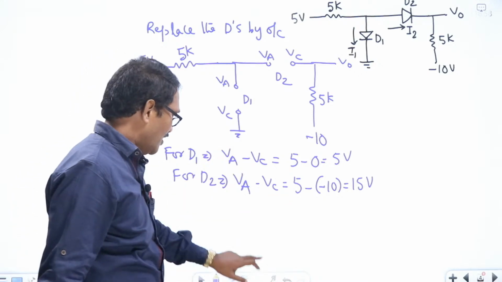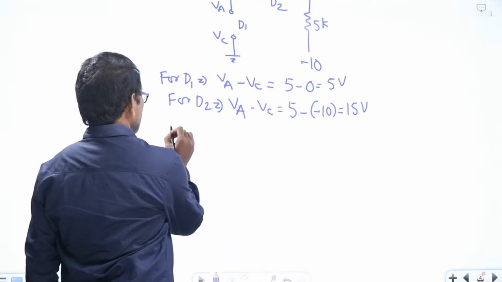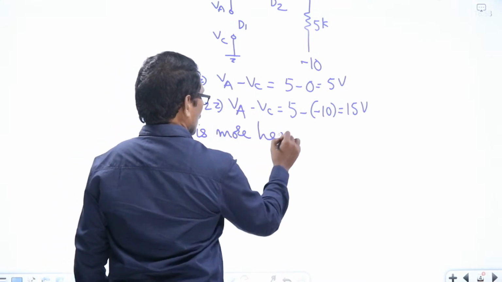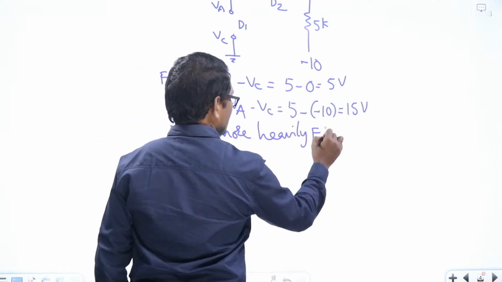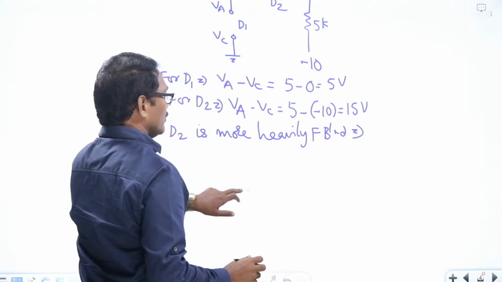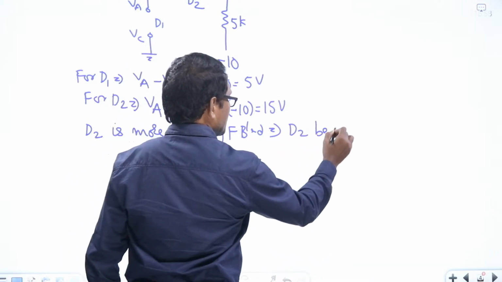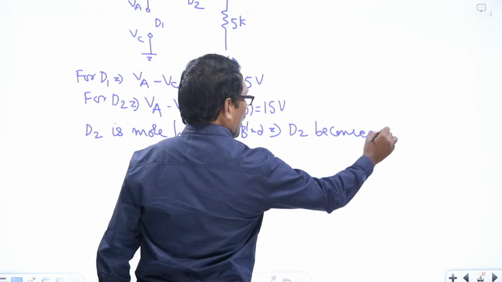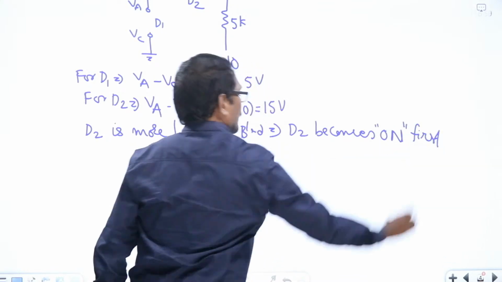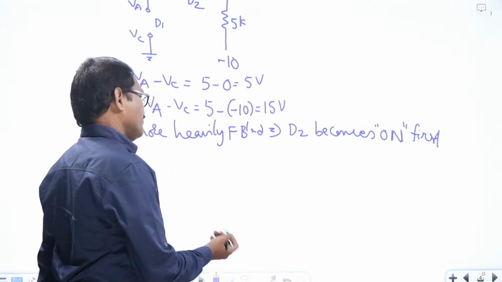So D2 is more heavily forward biased, that implies D2 becomes on first by the time D1 is off only.